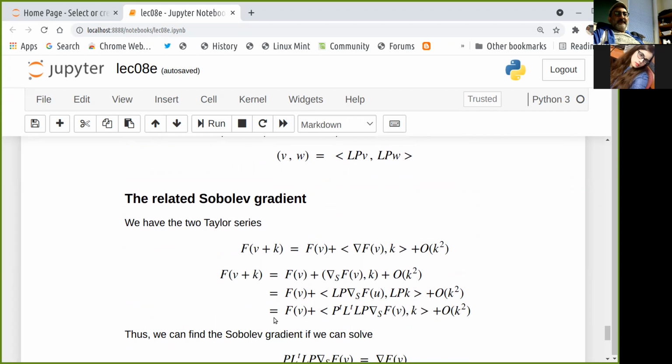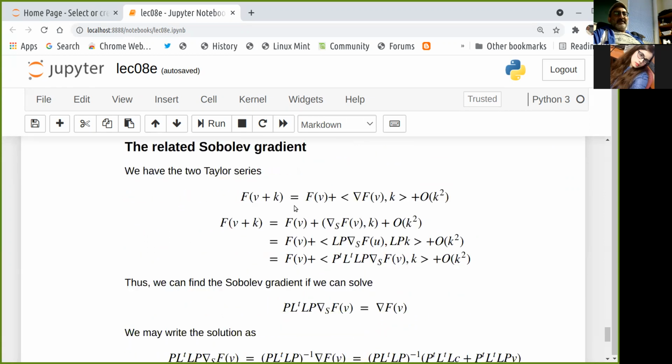So now, if I take f of b plus k, then it has another Taylor series. That's f of b plus the inner product of this new gradient with k, using the new inner product, plus terms of order k squared. But what's the new inner product?